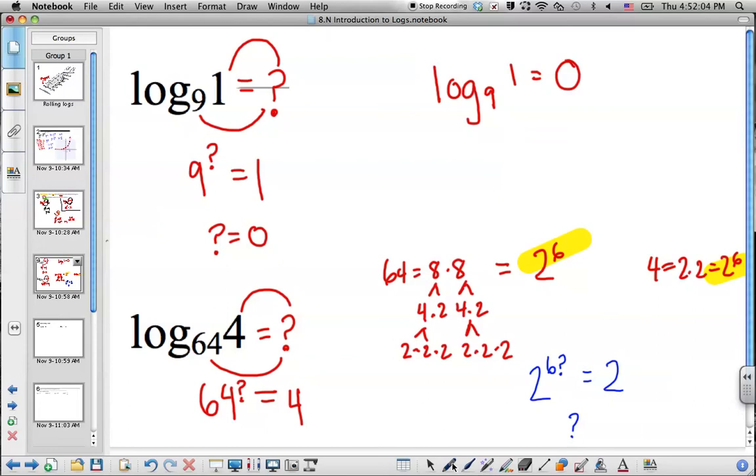So this is the same thing as 2 squared here. So we have 6 times question mark equals 2. Question mark is equal to? We all know that. Divide by 6, and we get 1/3. So that means we could write log base 64 of 4 to be 1/3. Okay, I think that's enough for one, huh?